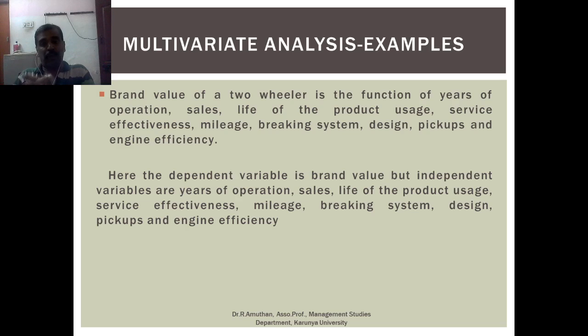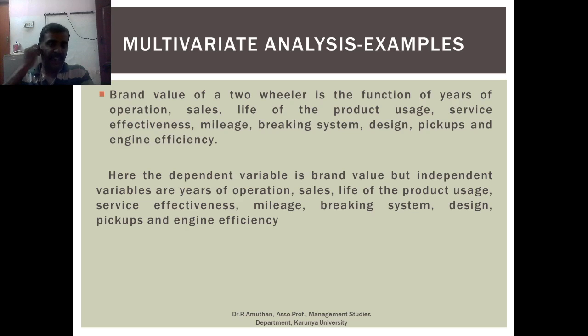The life of the product in usage: if immediately after purchase the product goes defective, definitely the brand value cannot be enjoyed; the company will only lose, it cannot gain. Then service effectiveness: the moment you put the vehicle into service, how quickly and how effectively the authorized service center does the service and gives back your two-wheeler after the service.